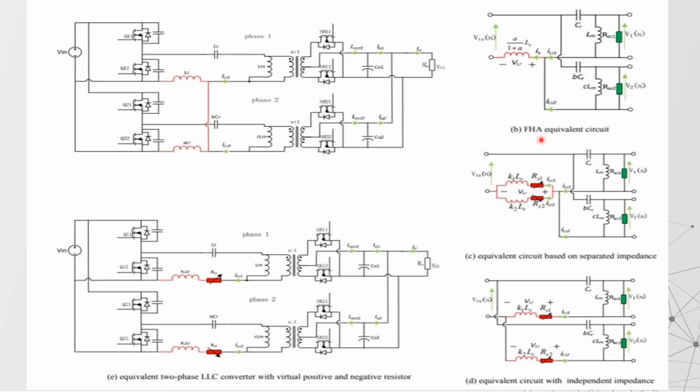Figure B shows the FHA equivalent circuit. Figure C shows the equivalent circuit based on separated impedance. Figure D shows the equivalent circuit with independent impedance. Figure E shows the equivalent two-phase LLC converter with virtual positive and negative resistors.